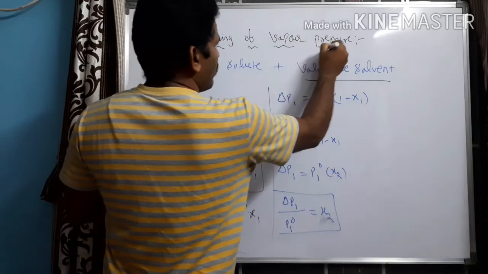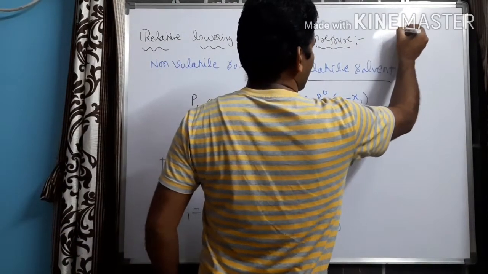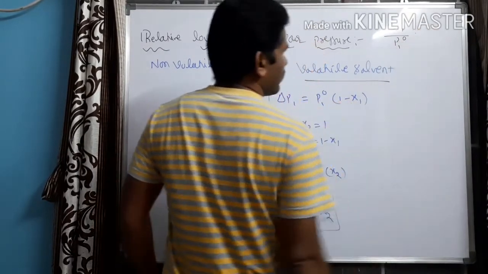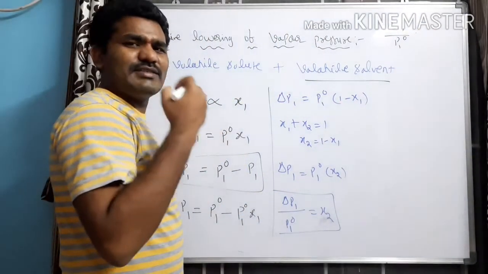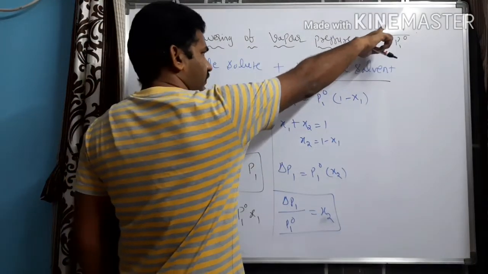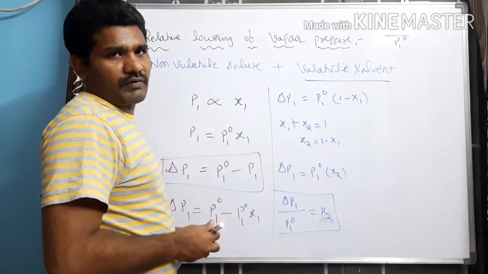So what is relative lowering of vapor pressure? It is nothing but delta P1 by P1 naught. That means it is the ratio of lowering of vapor pressure to the vapor pressure of a pure solvent.